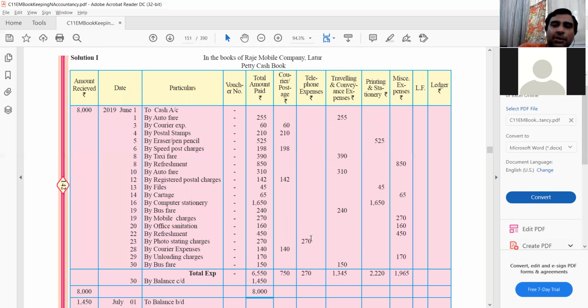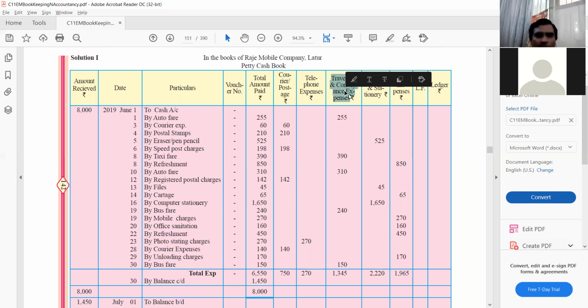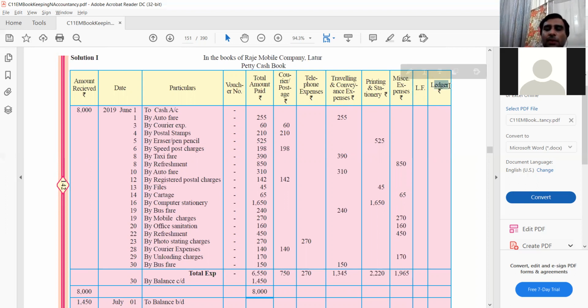Telephone expenses has been incurred only once. Traveling and conveyance, which is a very common type of expense, has also been incurred 5 times in the month, right? Then printing and stationery 3 times in the month, and there is nothing in this column. Why? Because all the expenses were within these 1, 2, 3, 4, 5 categories. They've included miscellaneous expenses per se, which includes a lot of miscellaneous things, and that's why the ledger column is blank.